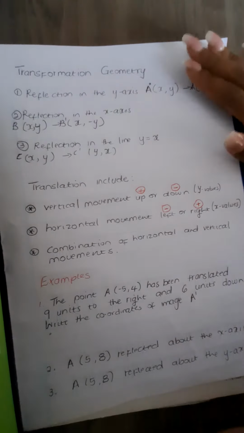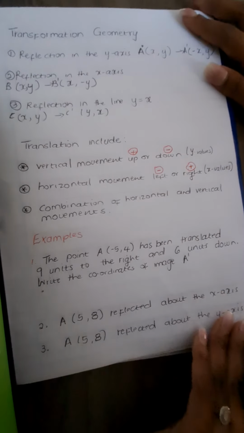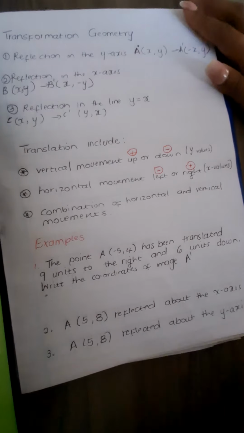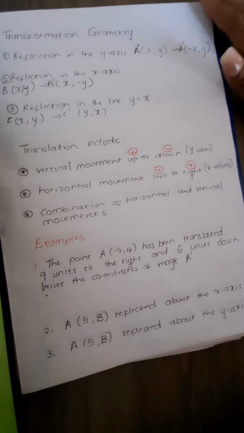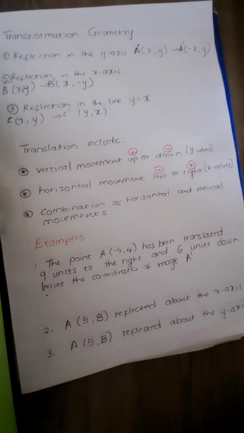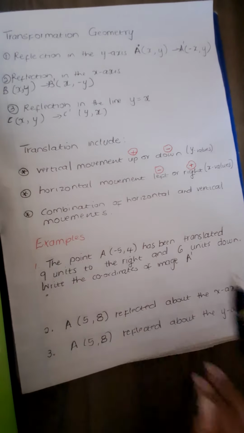So I have an example for us to work on. This is our statement. They are telling us that the point A, which is -5 and +4, has been translated 9 units to the right and 6 units down. Write the coordinates of image A prime.